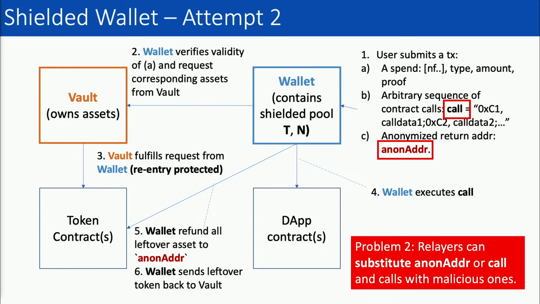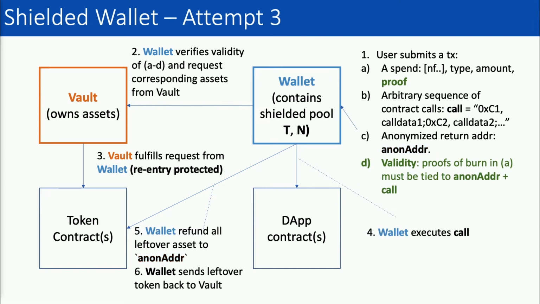There's nothing tying these three components together. So therefore, we actually need to change the proof in the first step to prove that the user did indeed authenticate the return address as well as the arbitrary sequence of calls. OK, so this is the final construction, which I find really neat. And it's entirely possible to implement on top of Ethereum today.